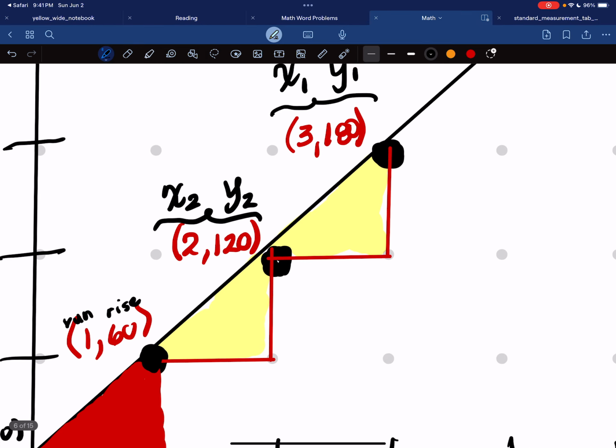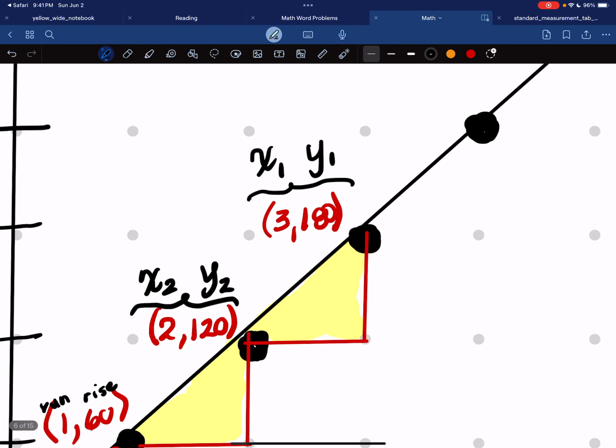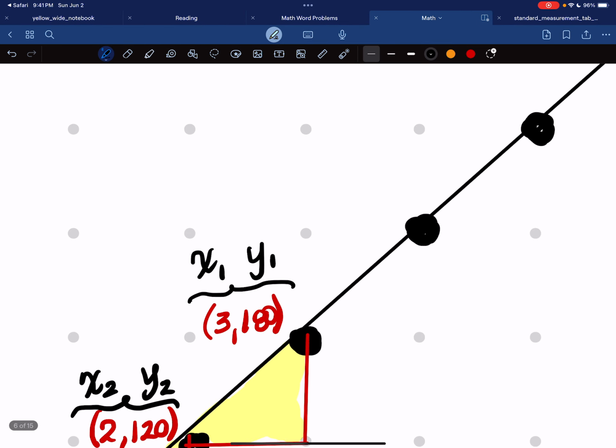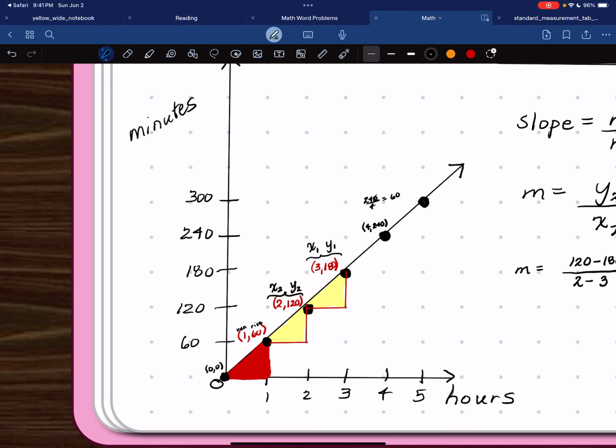And it doesn't matter where I do that. If I do it at 180 over 3, or let's go on up here, this would be 4 and 240. So if I do rise over run, what do I get? 60. Because the slope of that line does not change.